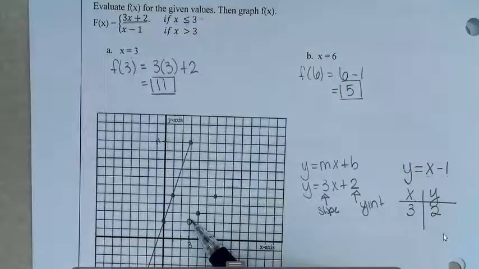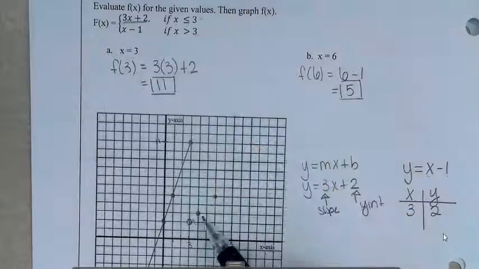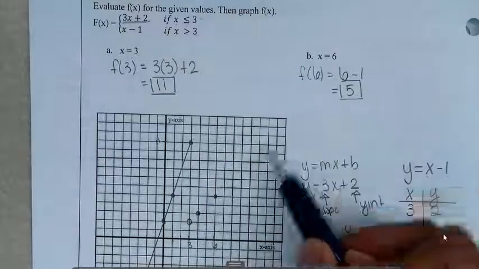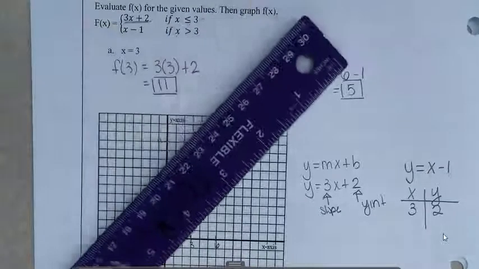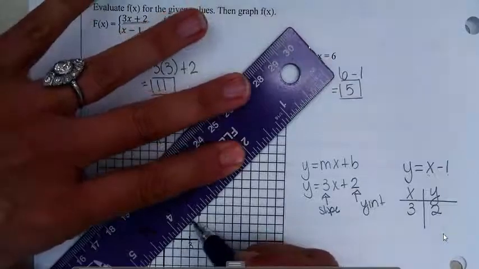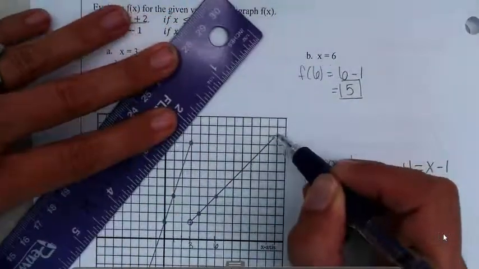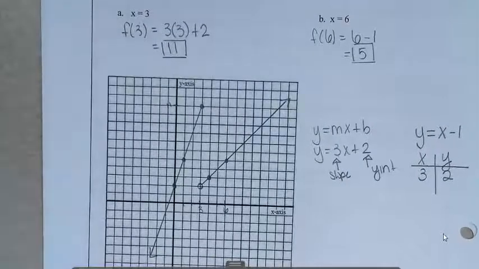And now this piece is everything that is greater than 3. So this goes on forever where x is greater than 3, right? X on the x-axis being greater than 3. This piece goes on like that. So there's my piecewise function.